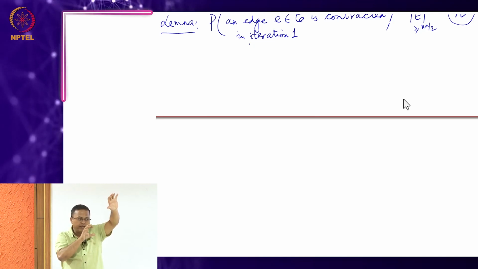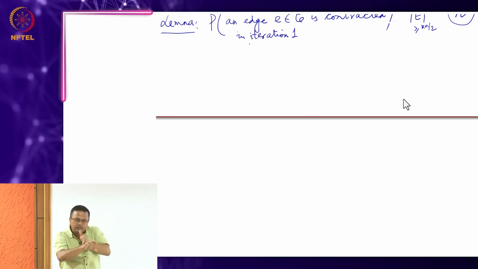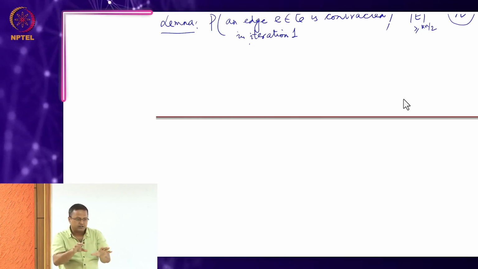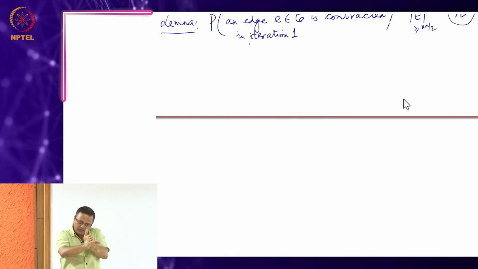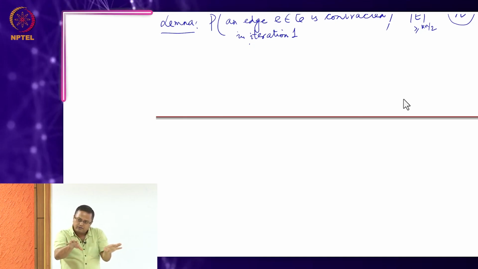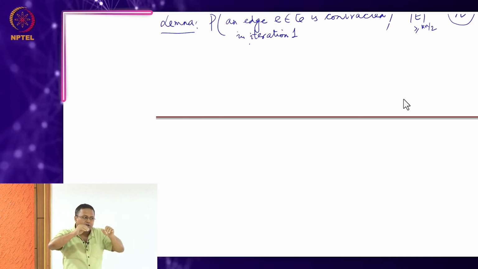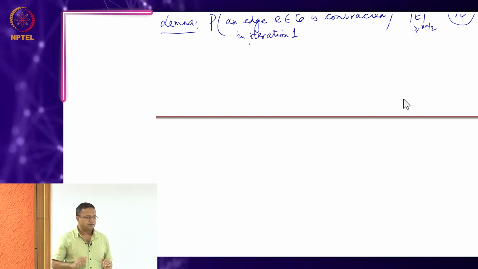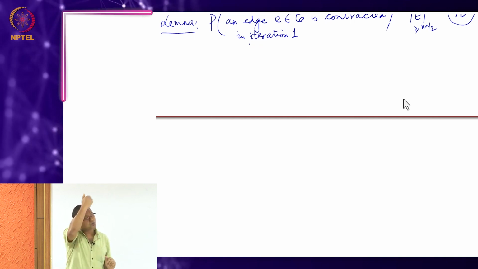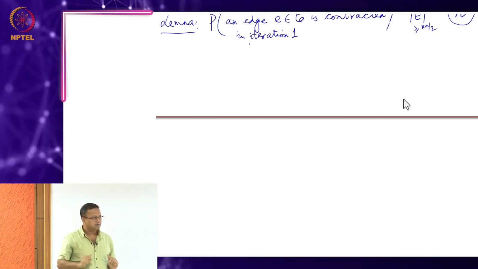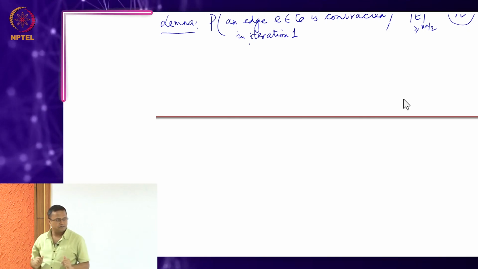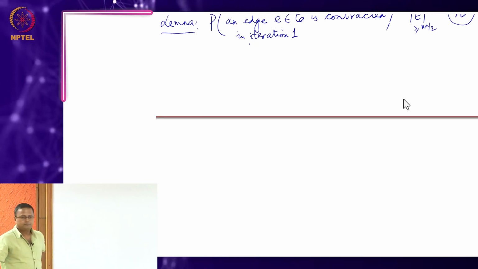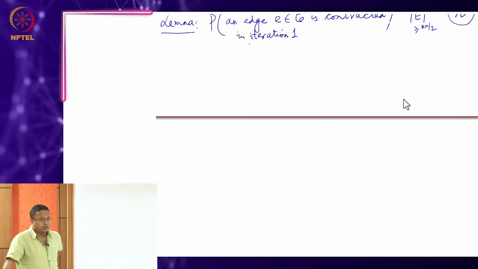Now if I get a cut in G dashed, this is a partition. If I go back to the original graph, a cut in G dashed is also a cut in G. But not the other way around.